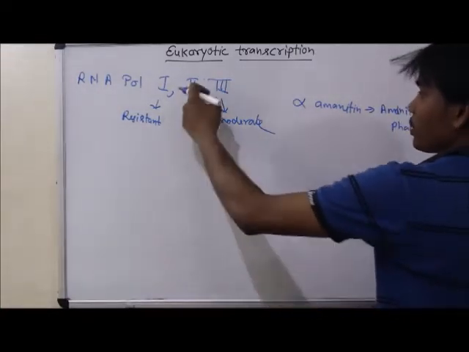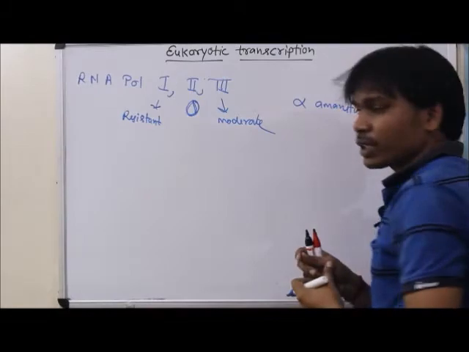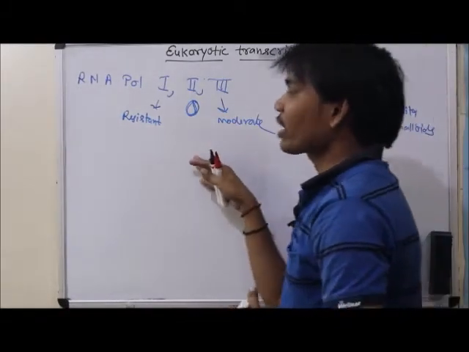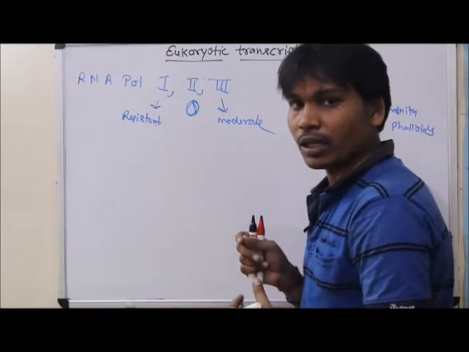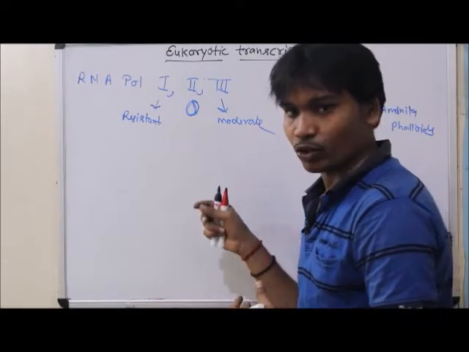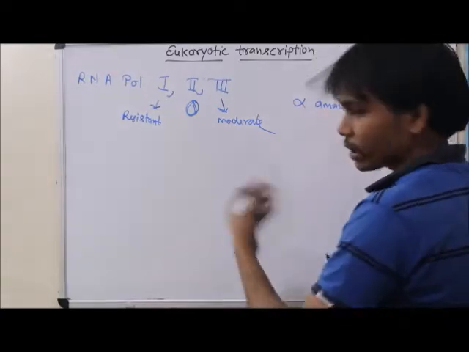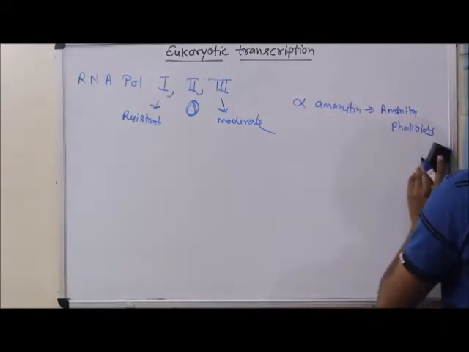Eukaryotic RNA polymerase has nearly 12 subunits, whereas prokaryotes have only 6 subunits, alpha 2, beta, beta dash and omega, so eukaryotes have more subunits than prokaryotes.